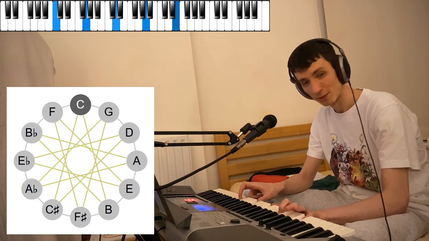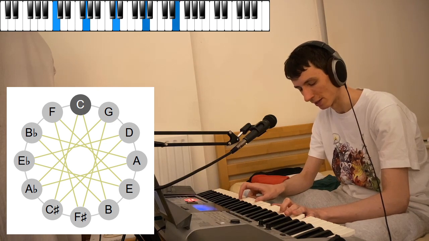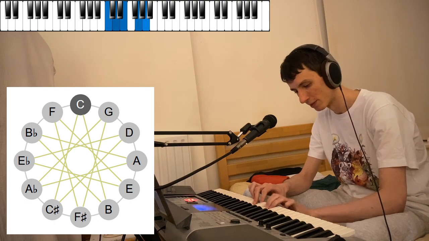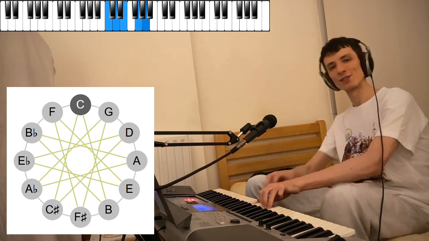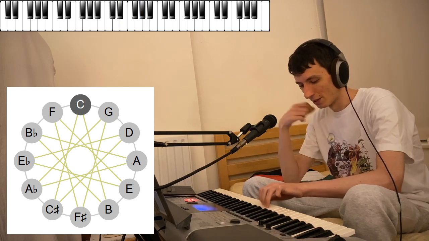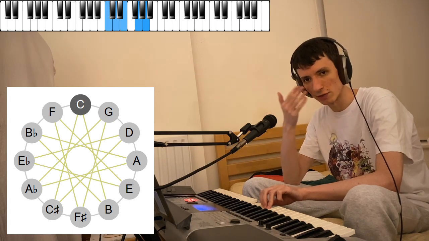And so here we have a 5-note scale. We can put this together, so it's C, G, D, A, E. And that's it. The scale has a name: the major pentatonic scale. It's pentatonic in the sense that it has 5 notes in it.